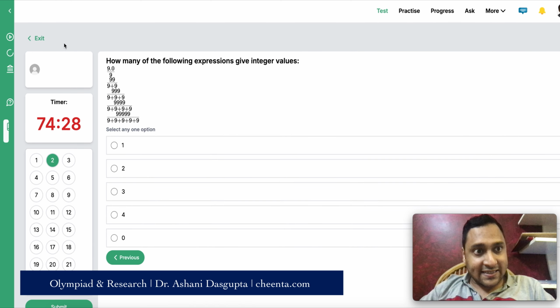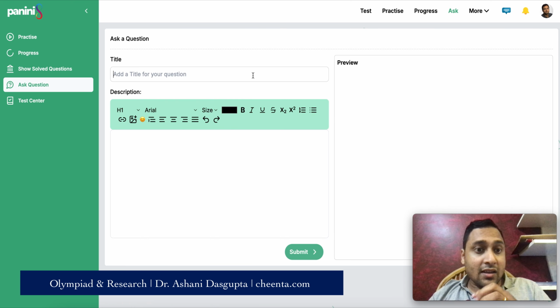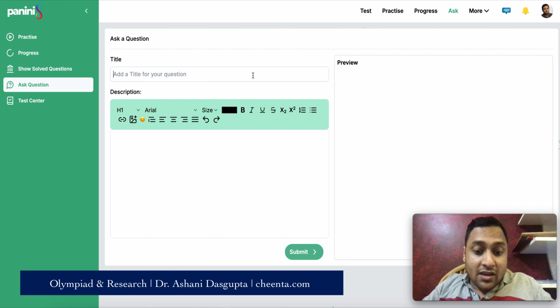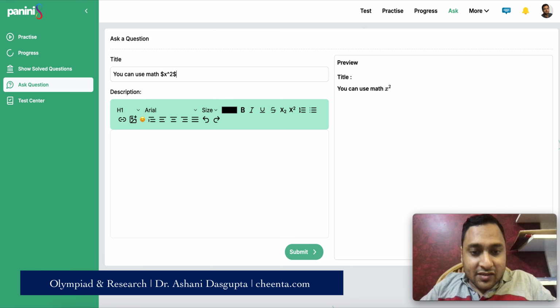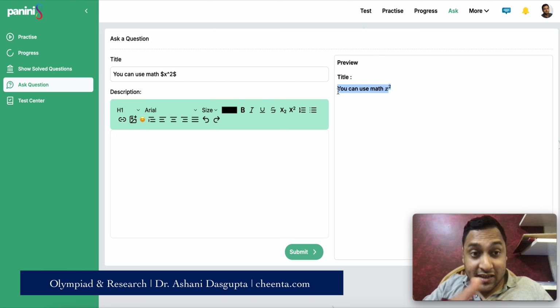You can also ask questions, which is important. It's like a forum, so you can go and click on ask question. The good thing about this forum is you can write math using LaTeX. See, it shows you the preview live while you type on the left-hand side. So this is an example.